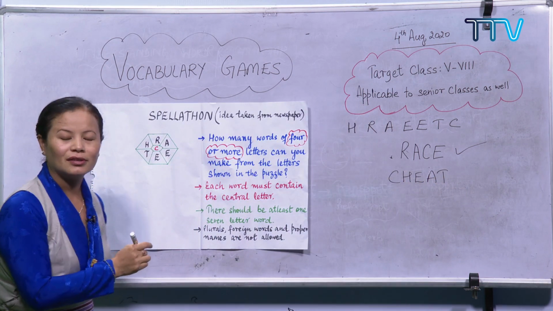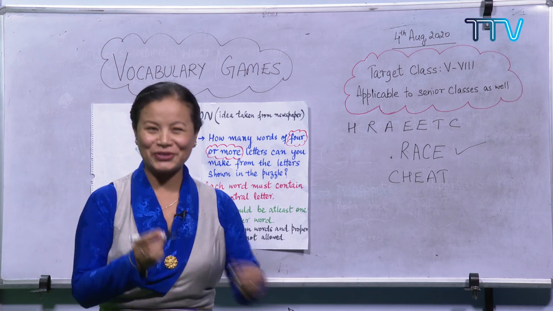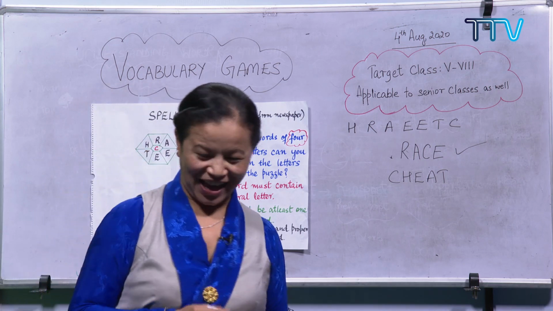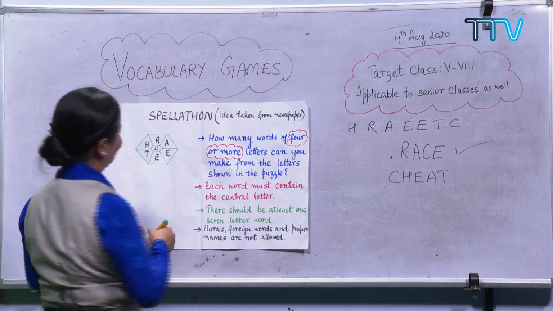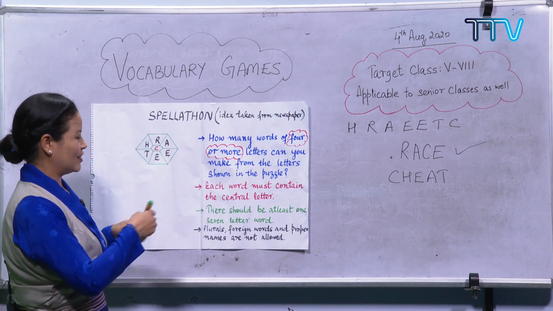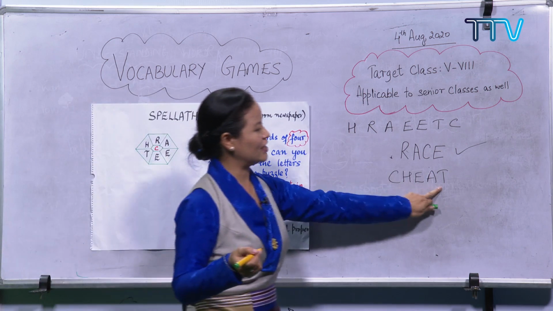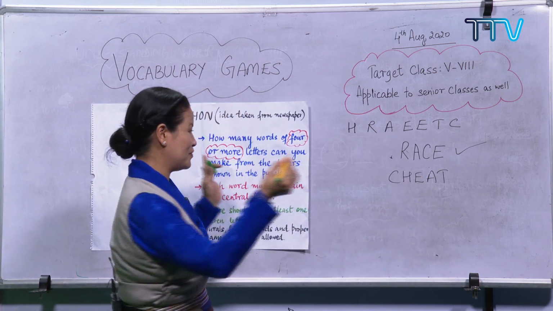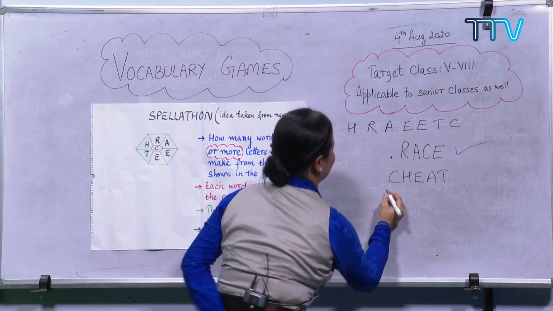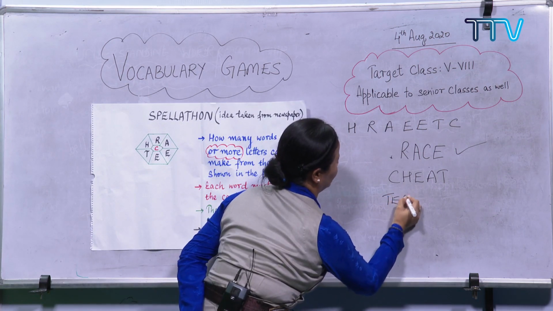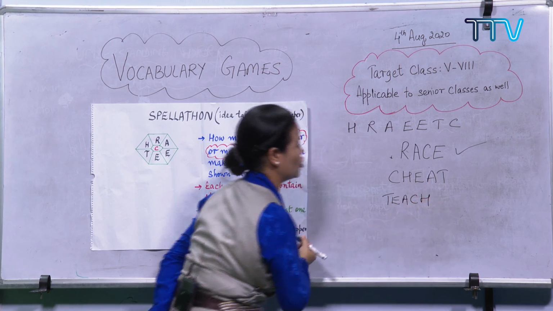C-H-E-A-T, cheat. Okay, so do you cheat others? No, right? You all are good students. Cheat, I can see cheat. So when I got cheat, now it becomes very easy for me. Oh, now I got another word. T-E-A-C-H, teach, right?